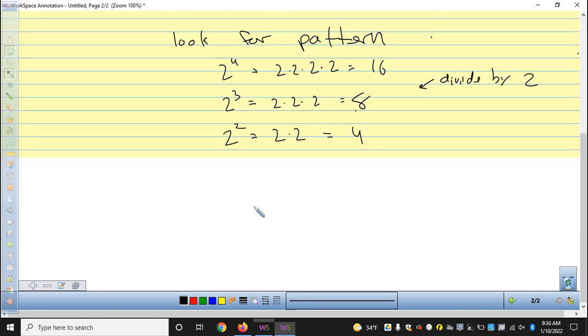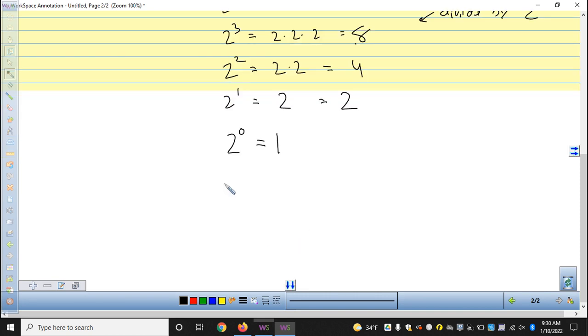So let's keep going. 2 to the 1 means 2, which is 2. We're dividing by 2. And now we get to 2 to the 0. Well, what happens when we divide 2 by 2? We get 1. 2 to the 0 is 1. Now let's keep going. 2 to the negative 1.